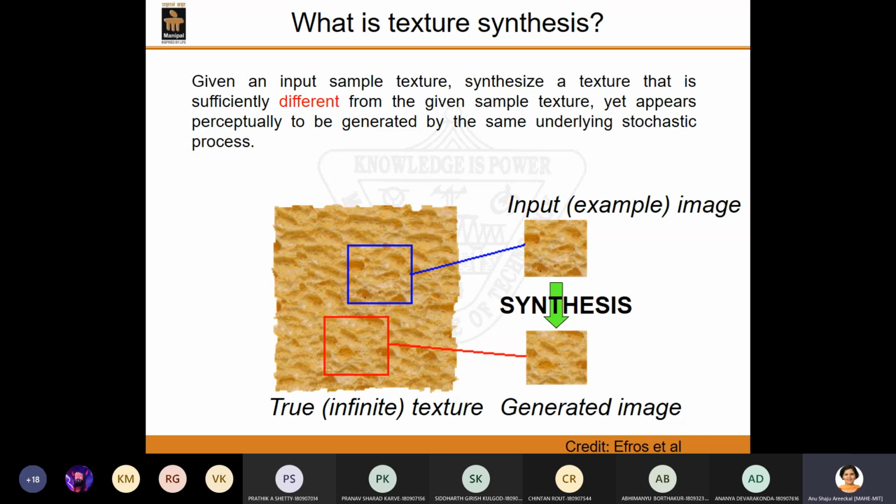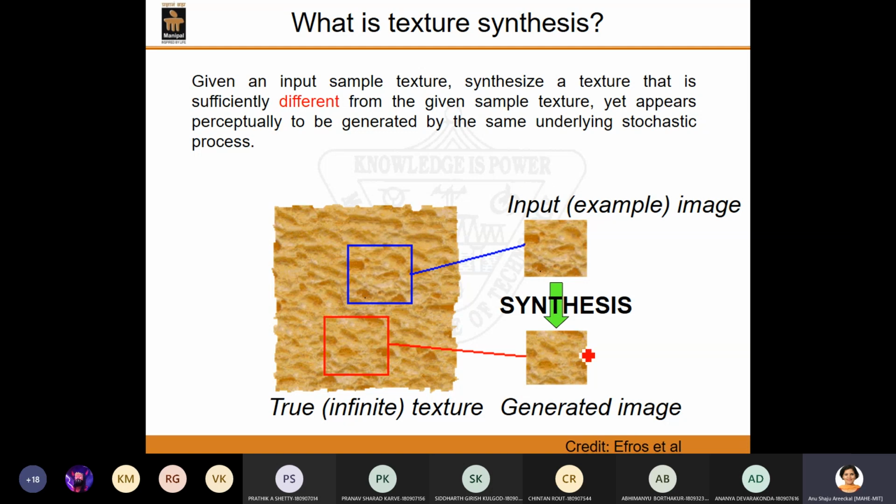So as I said, what texture synthesis basically means is, let's say you have an input image given to you, and you're trying to synthesize a new image. If you compare these two images, they are not the same. They are not at all the same, but it looks as if it belongs to the same texture. It looks like it comes from the same texture image. Like for example, it looks as if it comes from this particular texture, right?